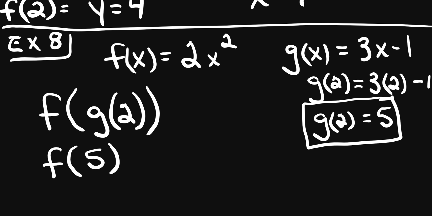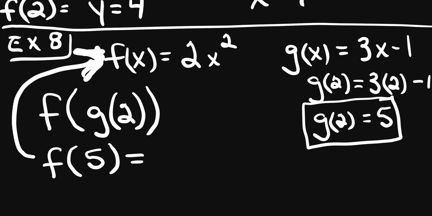Now I'm going to evaluate f of 5, so I've got to go back to this function to evaluate it. That's going to equal 2 times 5 to the second power.